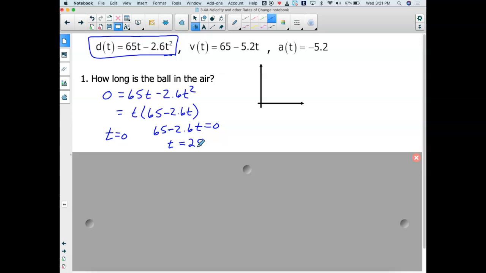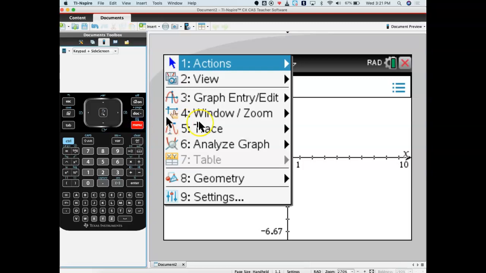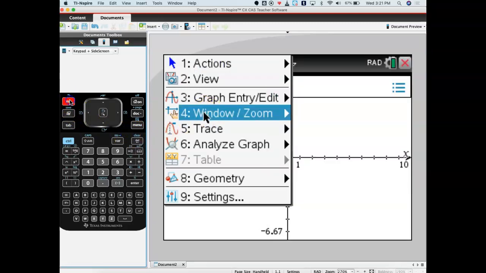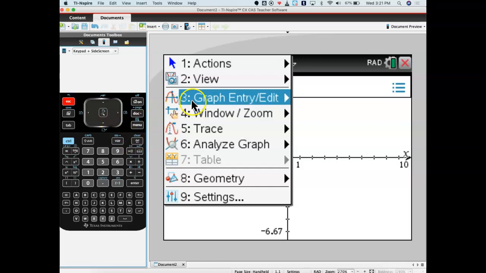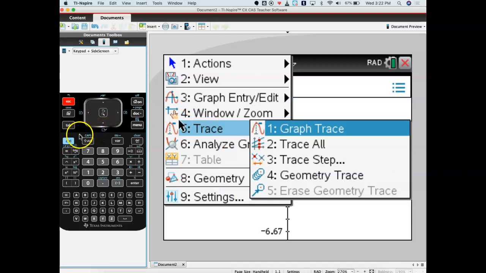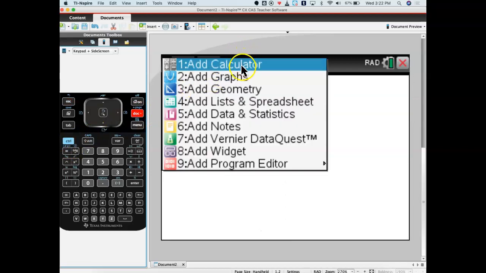We will use solver. Actually, I'm going to review solver really quick for those of you at home that are not doing things the way you're supposed to. So, go to a calculator page. I need to add a calculator page, and I need to add a calculator.